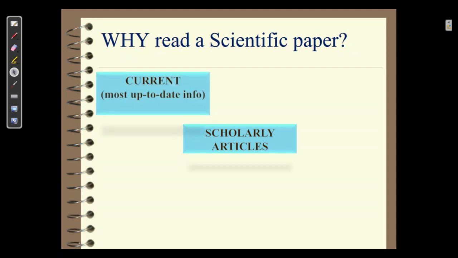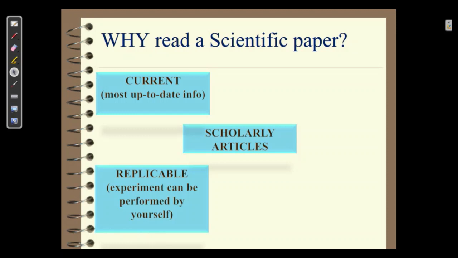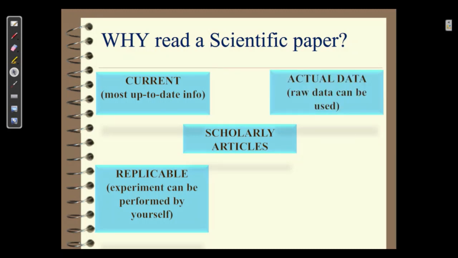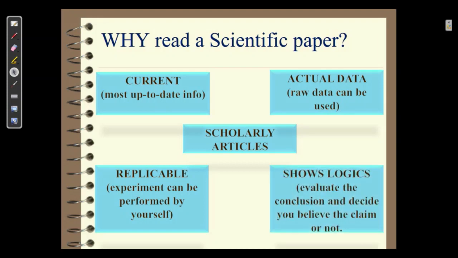It means we have up-to-date knowledge from scientific articles, and they are replicable. It means the experiments can be performed by ourselves, and we can check the actual data, and they can be used in our lab. And also we can evaluate the conclusion and decide whether we believe the claim made in the scientific paper or not. So this is the answer to why we are going to read scientific papers.